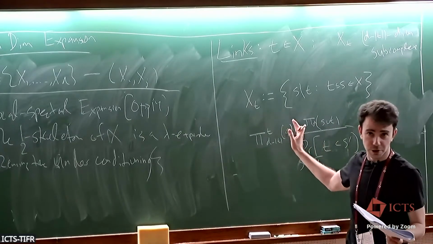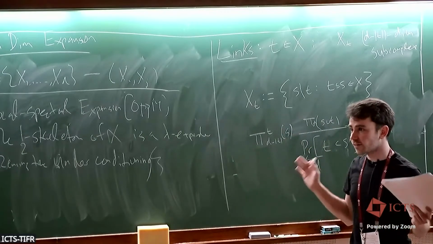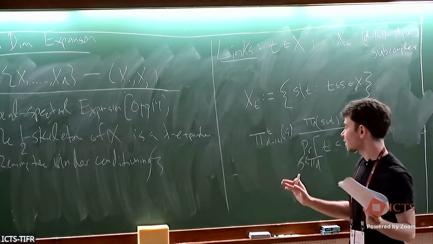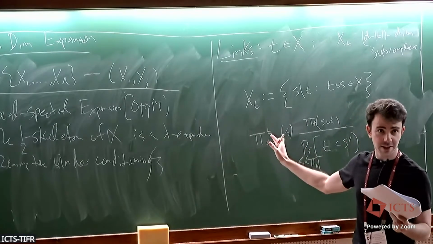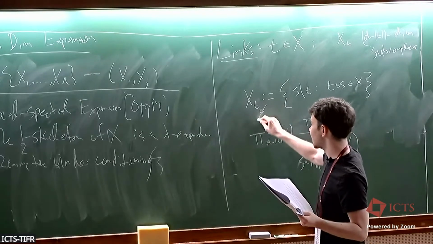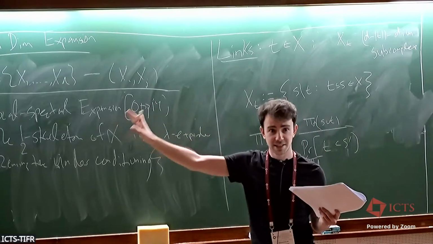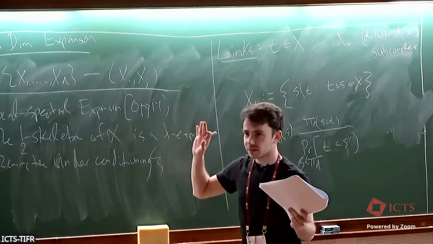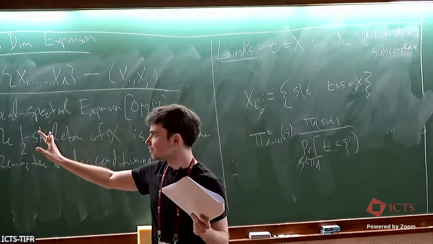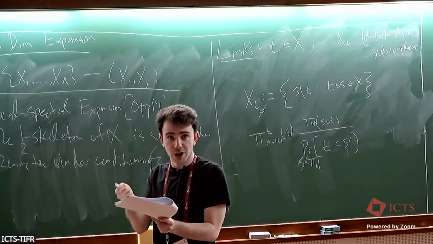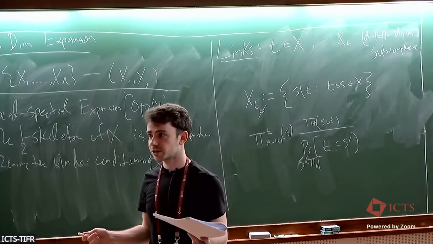It gets me some underlying graph. Now I can define full high-dimensional expansion, which says that the graph underlying every link of X, including when T is the empty set, where the link is just the complex X itself, so all of these pairwise conditional marginals, should be lambda expanders. That's the full definition.